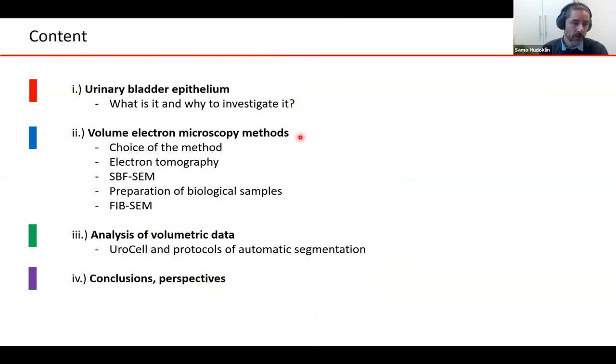Then I will show you a little about the volume EM methods that we are using and what we do with them. The third part is about our attempts to process the data that we obtain by volume EM in an automatic manner, and then a wrap-up. Different parts of the talk will be color-coded so that you can follow the talk more easily.